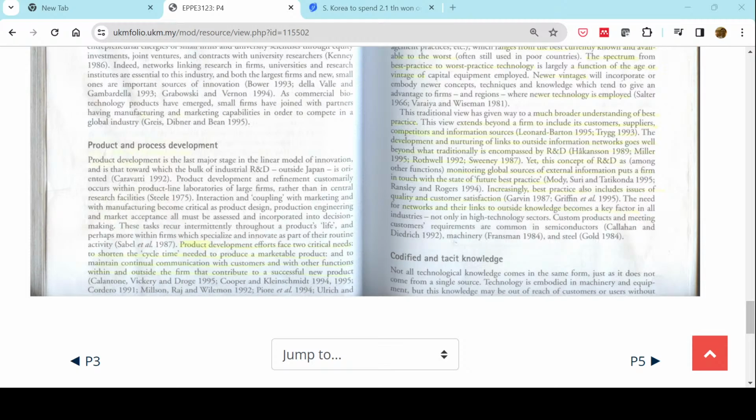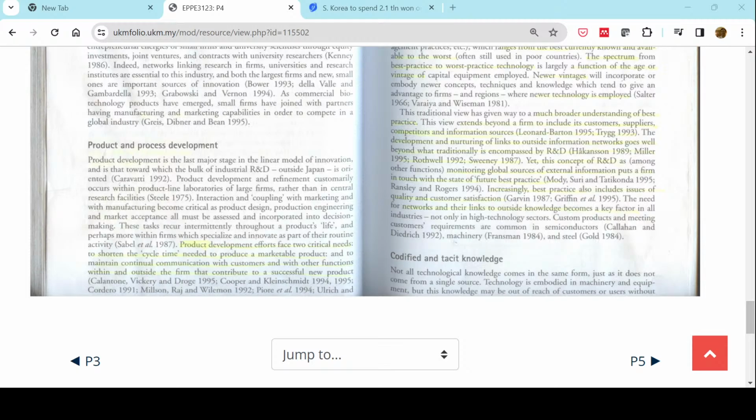Second is process innovation. It's typically distinguished from product innovation as if they are truly separate, but they are not separated. They are intertwined, connected with each other.